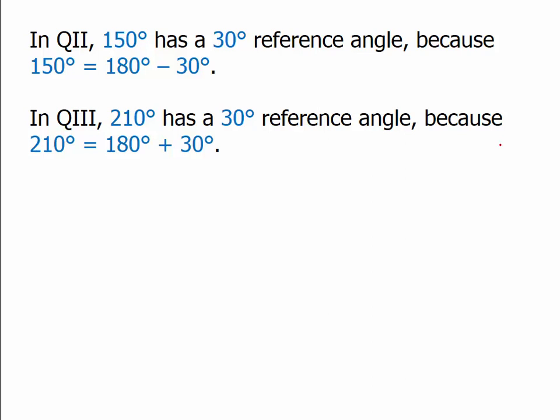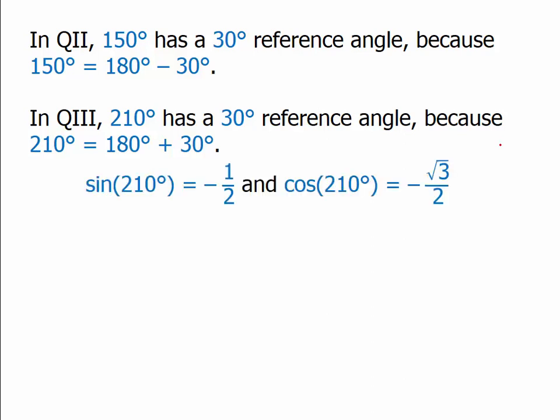And so 210 degrees has a reference angle of 30, so it has exactly the same absolute values as sine and cosine of 30 degrees, but now both of them have to be negative. And so now we can say that the sine of 210 degrees is negative 1/2, the cosine of 210 degrees is negative root 3 over 2. So again, we're using the same absolute values and just putting a negative sign in front of both of them.